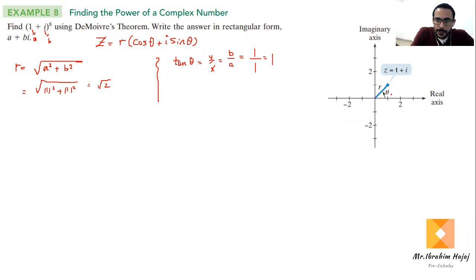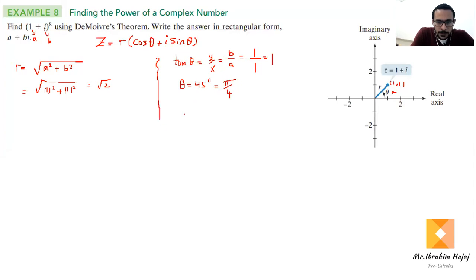The angle theta is in the first quadrant, as you see in this figure, 1 and 1, and the distance r here is radical 2. So the angle is 45 degrees, or we can write it as pi over 4.